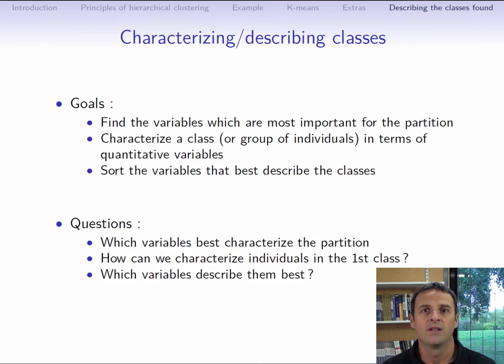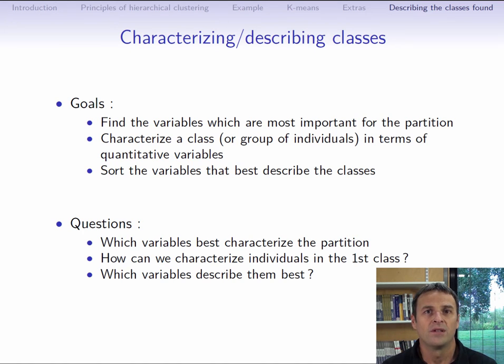This characterization of each class using the closest individuals to the center is helpful, but not really enough to say a lot. We'd also like to describe classes using the variables. The goal is to find the variables that most influenced, overall, how the partition was formed, or the variables that best represent a given class.